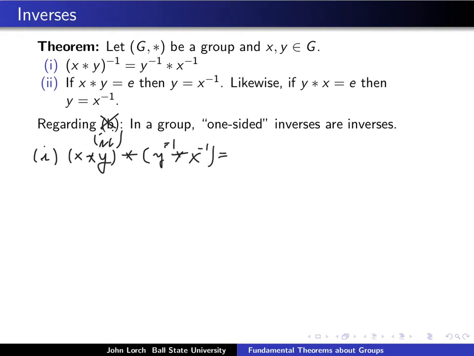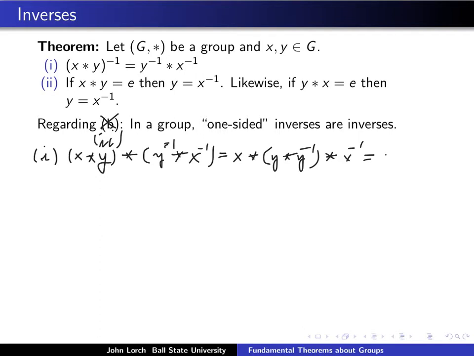So luckily here the associative property comes to the rescue, and we can group this as X times Y times Y inverse times X inverse. And then the Y times Y inverse is the identity.